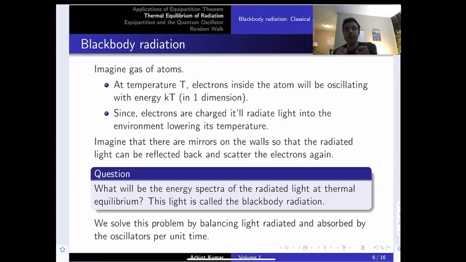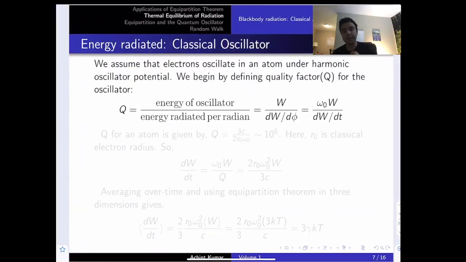Our strategy is to calculate the amount of energy radiated by one particular oscillator per unit time, and then equate it to the amount of energy absorbed by the oscillator from the surrounding light, and that would give us the spectrum of the light in the environment. Okay, so first we'll start by looking at the radiated light.